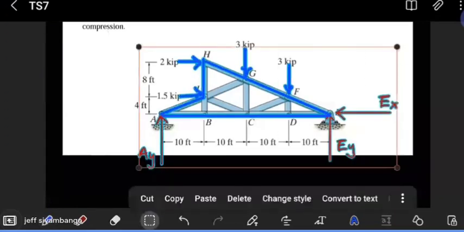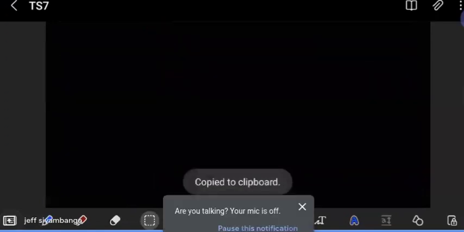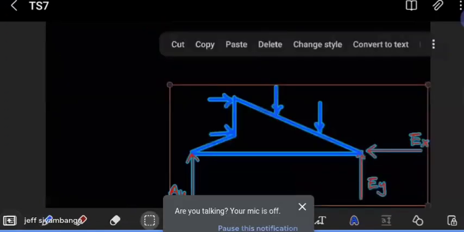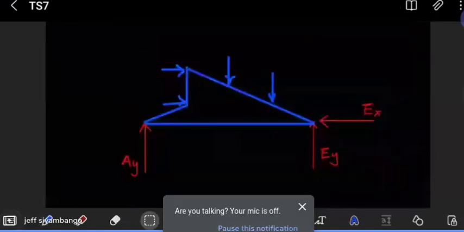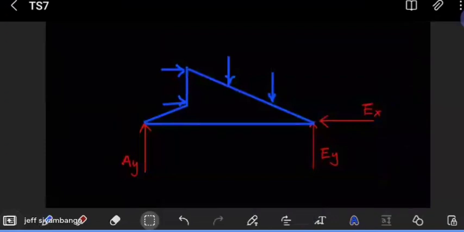So overall, your free body diagram can look like this. Then the only other thing that you can indicate here will be the lengths, since you need them in the evaluation of moments. You don't have to show those minor details inside.